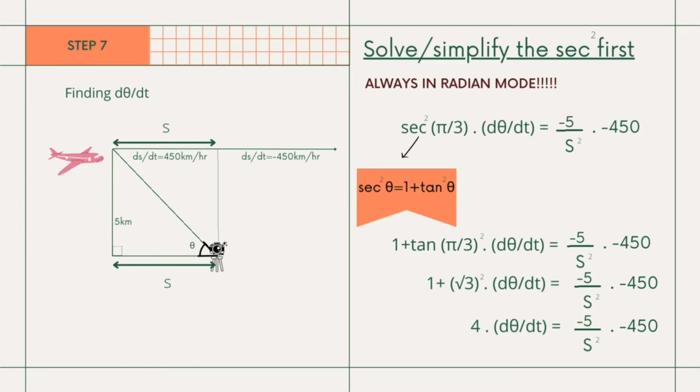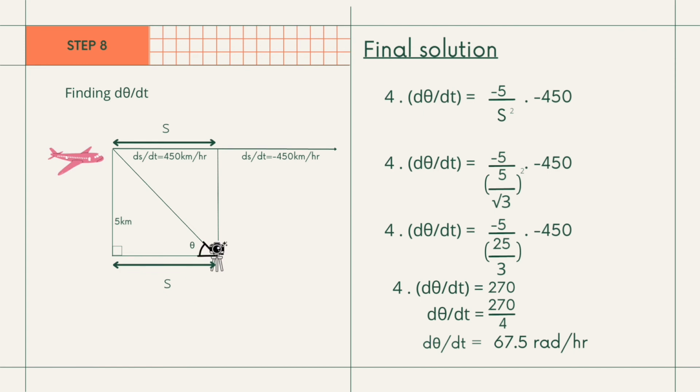Step 7, 1 plus square root of 3 squared is going to be 4. So it's going to be 4 times d theta over dt equals negative 5 over s squared times negative 450. For our final solution, step 8, we substitute s into the equation. We already know s equals 5 over square root of 3.